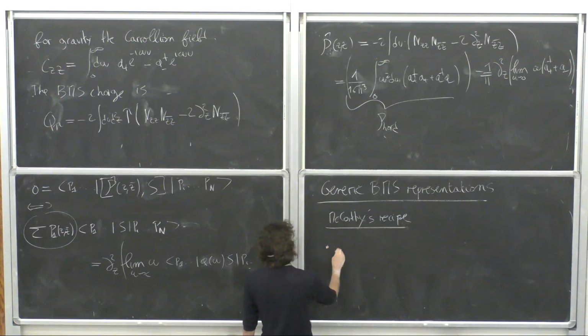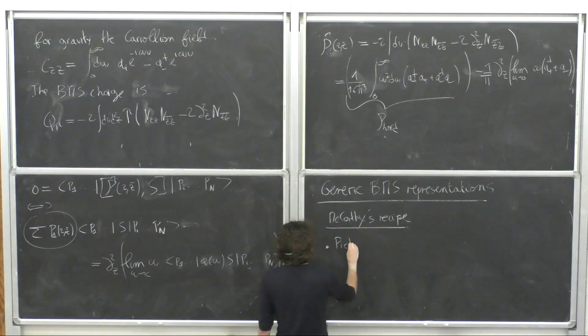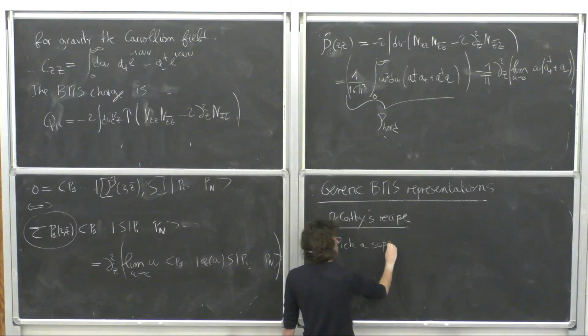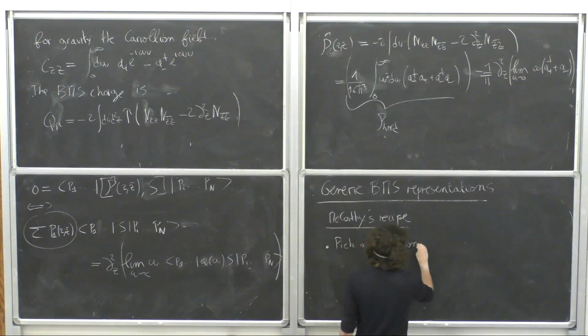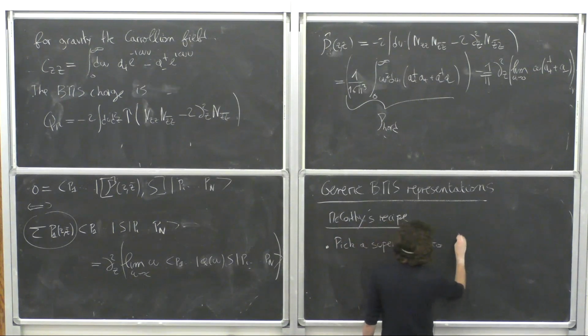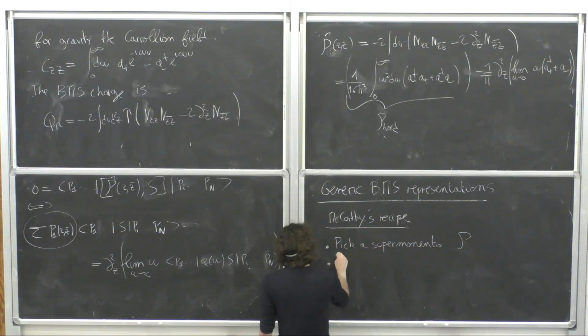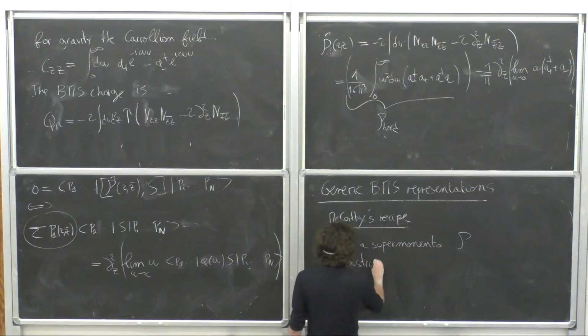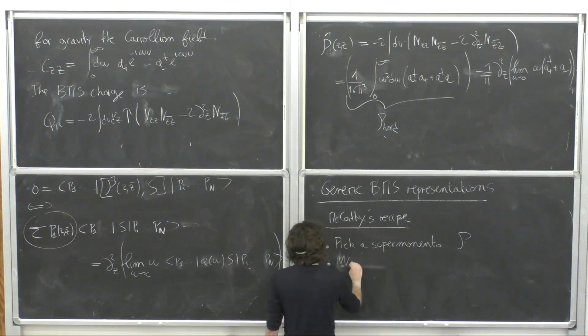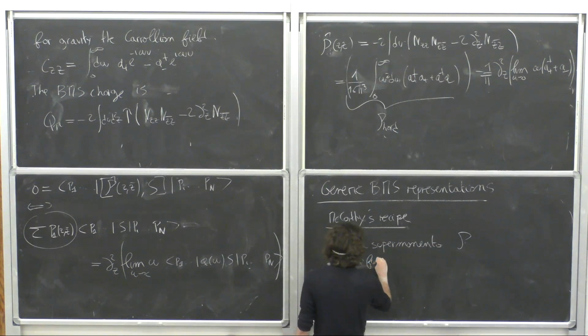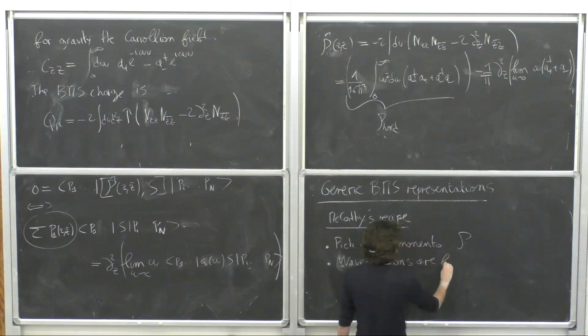You should pick a supermomenta, curly P, construct its orbit. Well, wave functions are functions on the orbit.